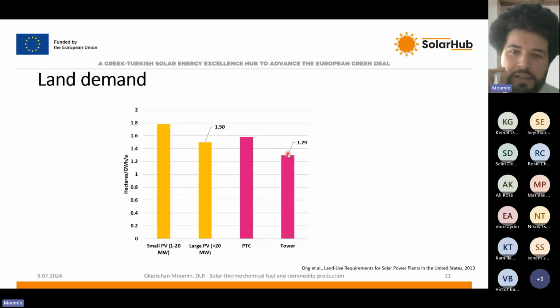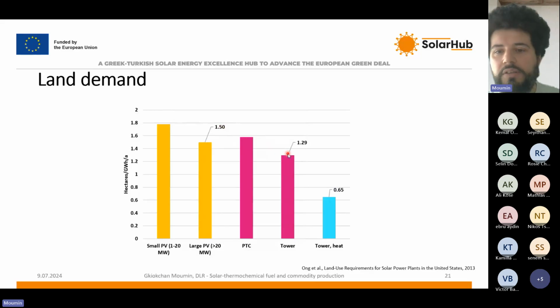If we look at the heat usage, this is the number we get. Because the basic technology is now double as efficient since we don't need that power block, we produce much more useful output. And basically the tower system for heat usage now requires less than half of what a PV installation needs. And this is another important aspect.